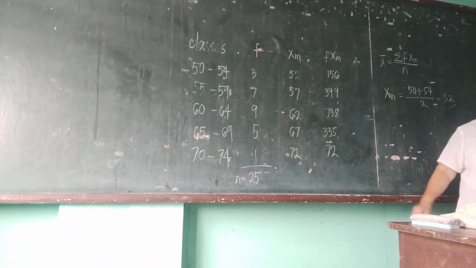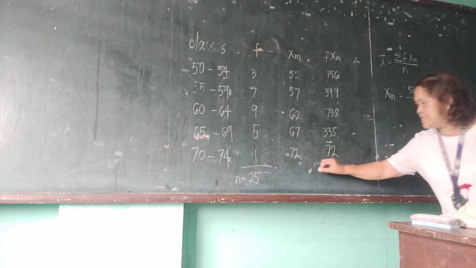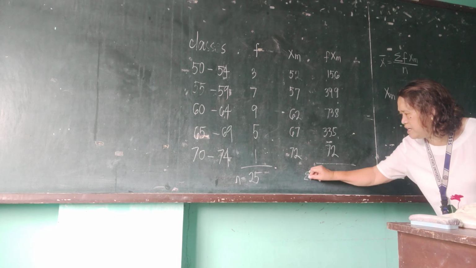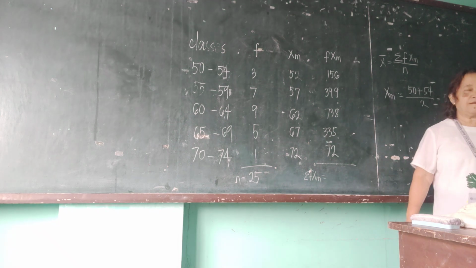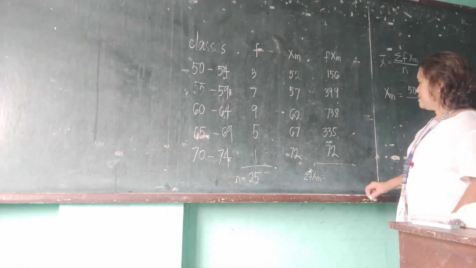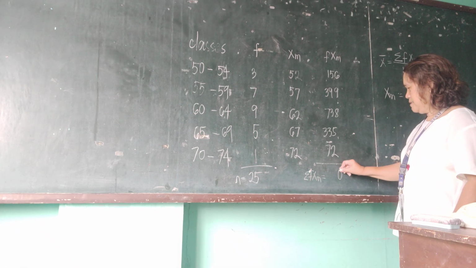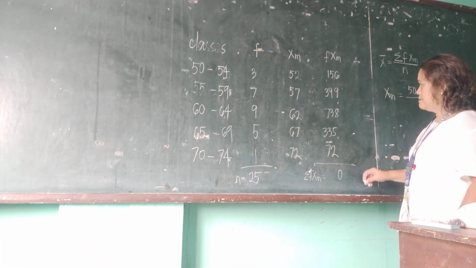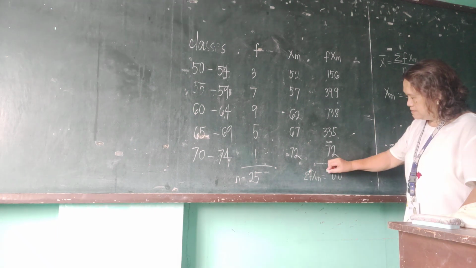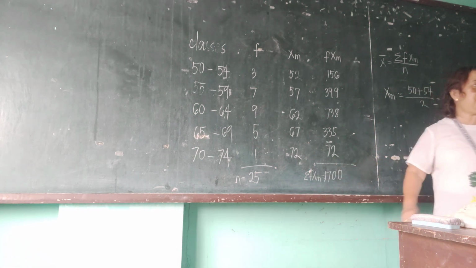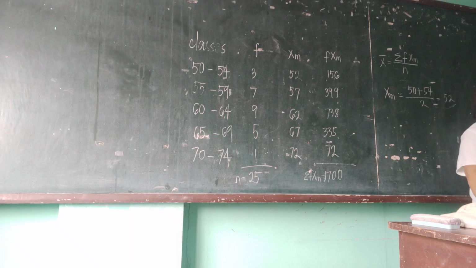So correct? Yes. And then you add. This will be the sum of f times x sub n. Okay, so that is 1,700.